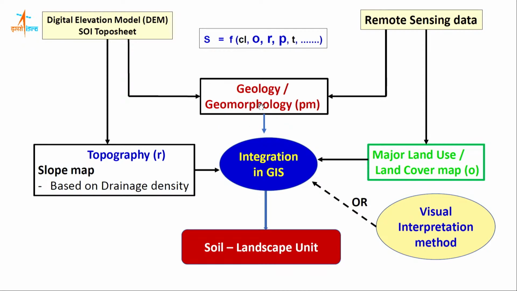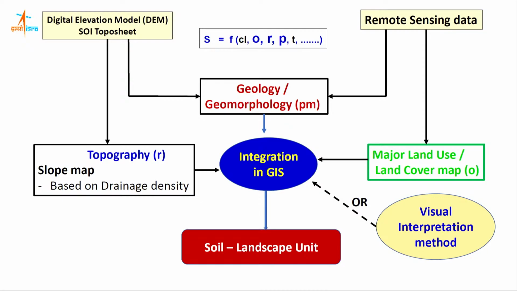So you will get this, the parent material. From the digital elevation model or topo sheet, where you have the contour information, you can derive the topographic information or slope information.